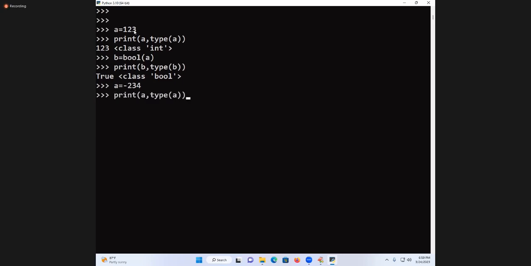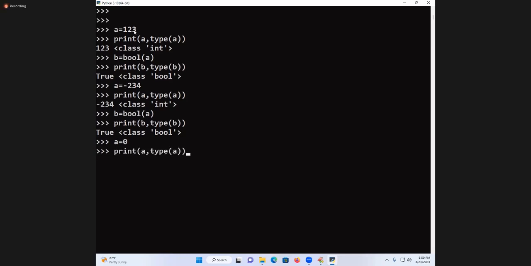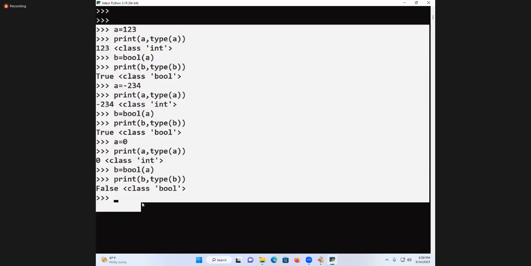Next question. A is equal to minus 234. Print of bool of A. True or false? True. Why true? Minus 234 is non-zero. Non-zero is also called true. A is equal to 0. Print of bool of this. What is the answer? False. Did you understand? Very good.